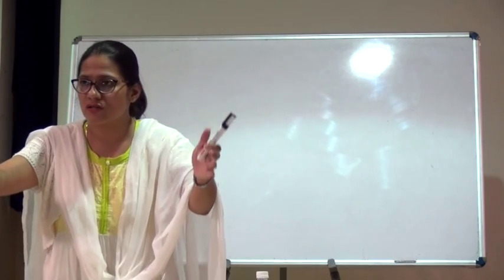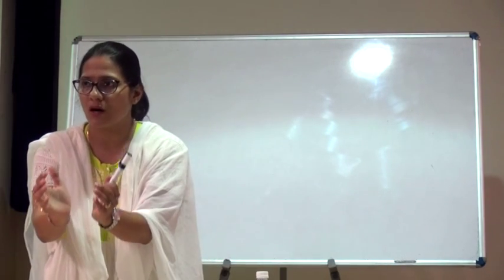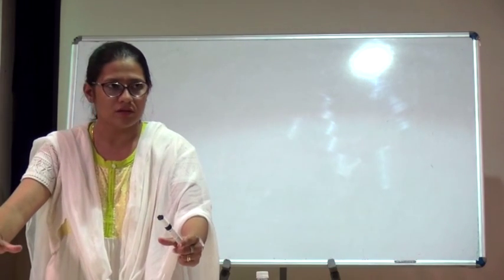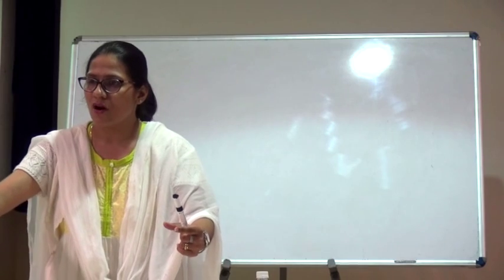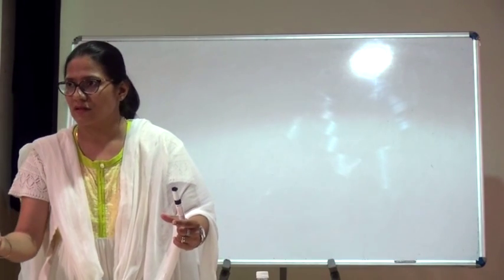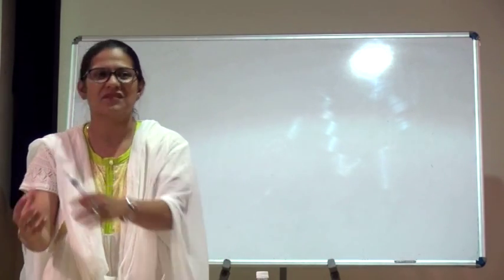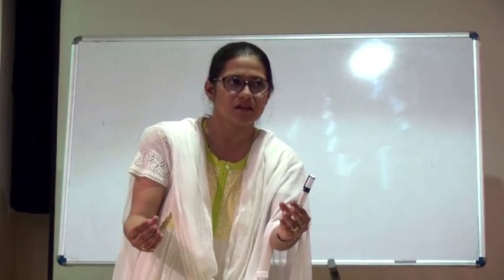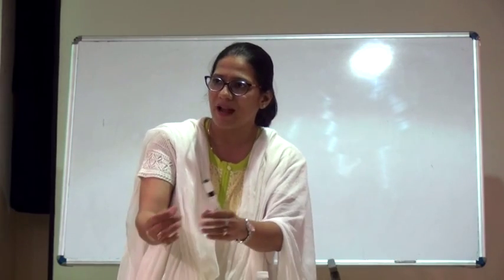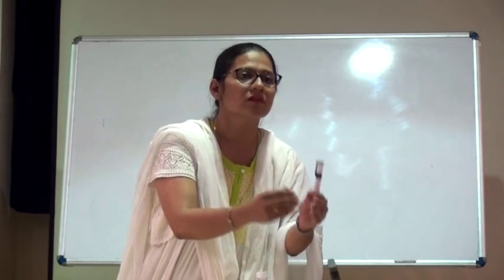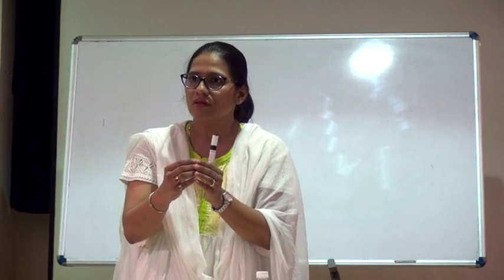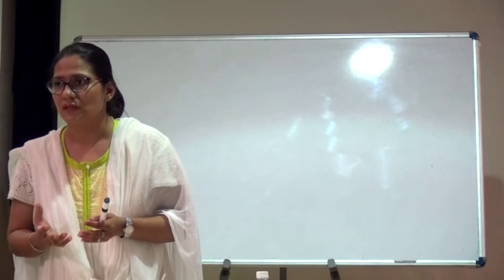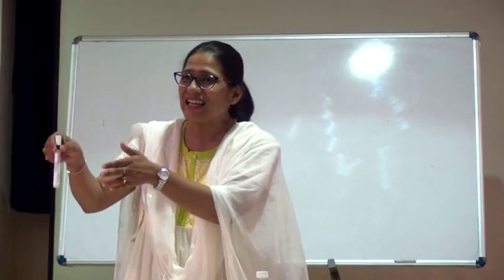You take a box, you keep a potted plant in the box, and make a hole on two sides. On one side hole you put a light. So what will happen after a few days or one week? From the other side hole of the box, the plant will come out. Why does this happen?